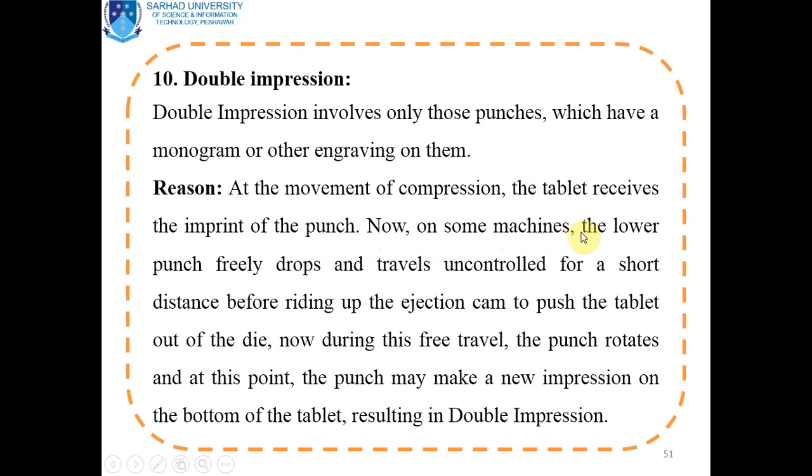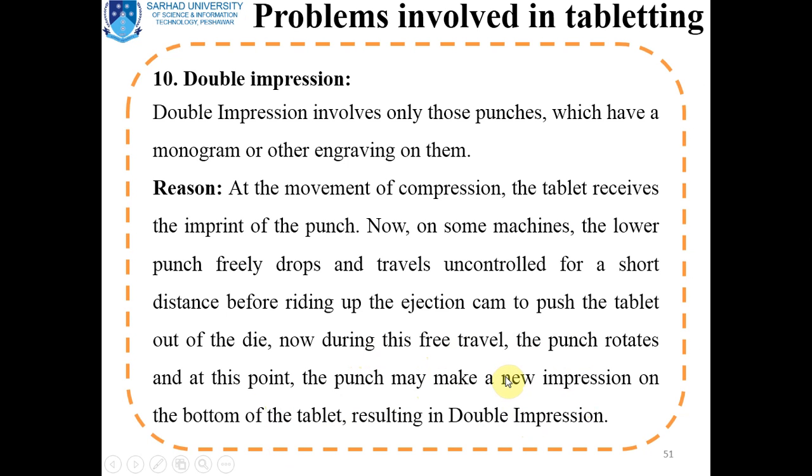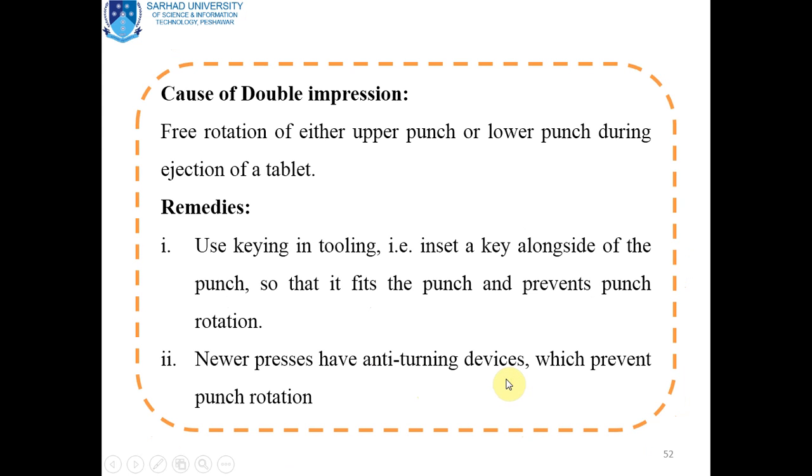Now on some machines the lower punch freely drops and travels uncontrolled for a short distance before winding up the ejection cam to push the tablet out of the die. During this free travel the punch rotates, and at this point the punch may make a new impression on the bottom of the tablet, resulting in the double impression. These are the reasons of the double impression.